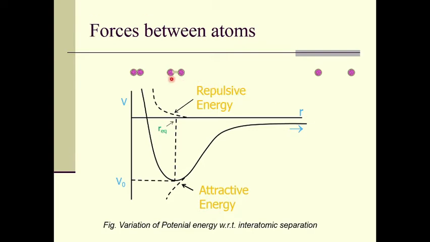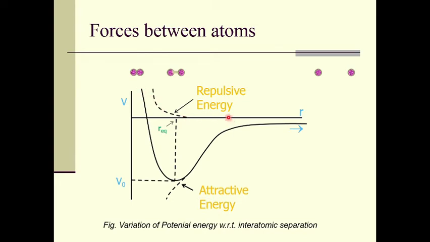When the atoms come closer and form a bond between them, the potential energy decreases. There is a minimum in the potential energy, and again if we force these two atoms to come closer still, the potential energy rises, right.